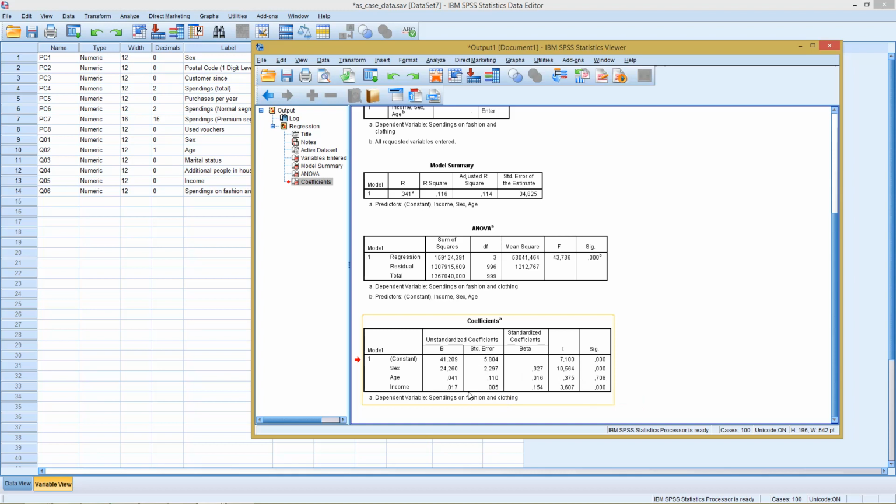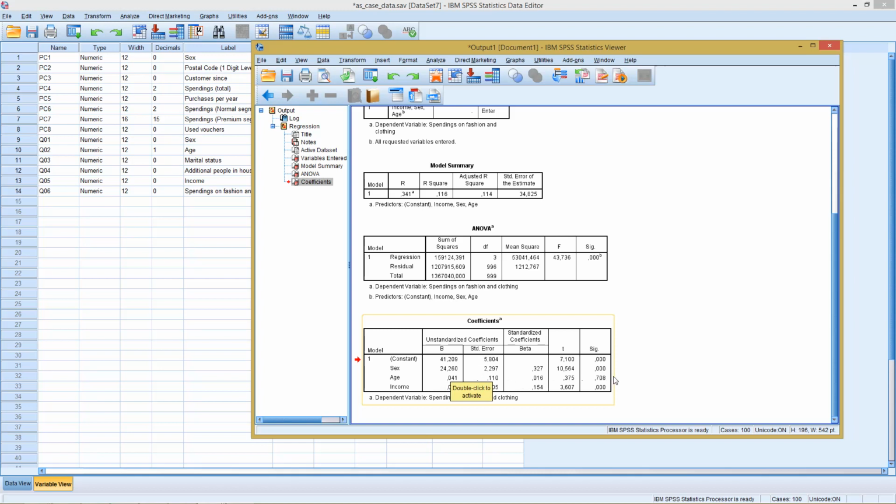This could also be interpreted differently: we can say for sex and income the coefficient is clearly different from 0. However, with age, this could also be 0. This could just be a random fluctuation leading for this year to be a value different from 0, because the standard error is so high, at least compared to the coefficient.